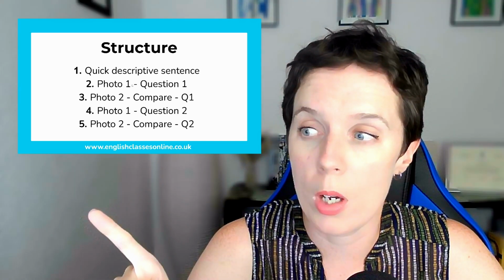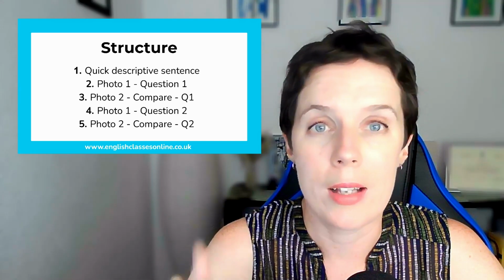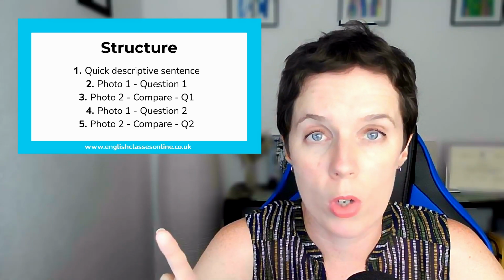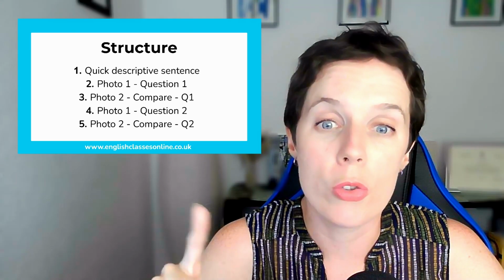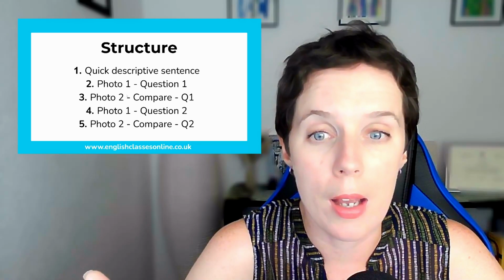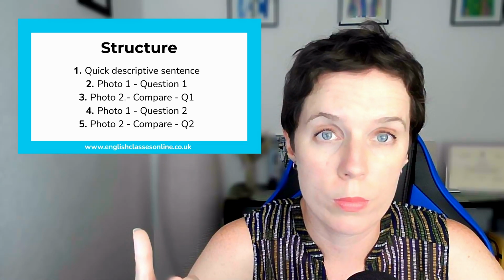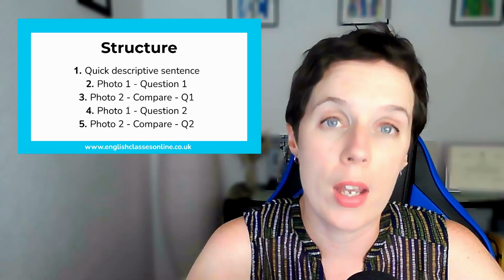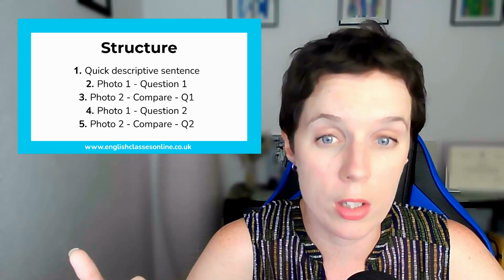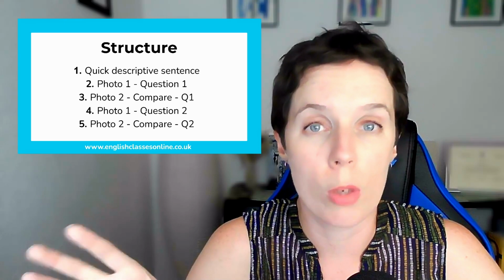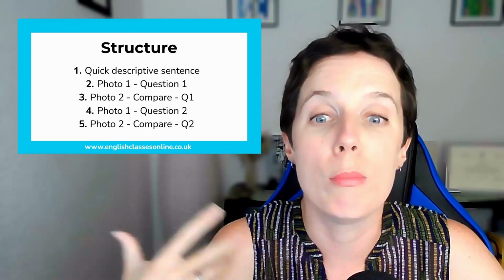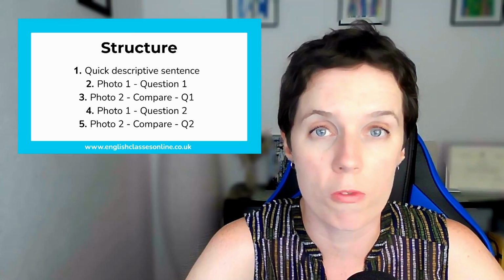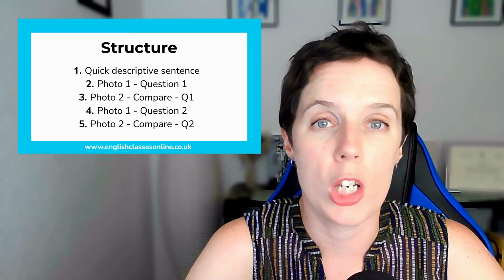So go to your first photo and answer the first question for that photo. And then as soon as you've answered, immediately compare to the second photo. Same question, but just compare it to the second photo. And then change. Go to the second question, talk about the first photo, and then again immediately compare to the second photo. And that should take you 1 minute.